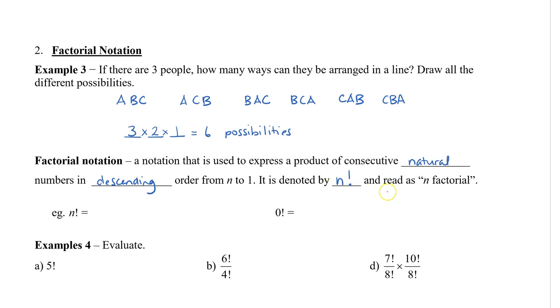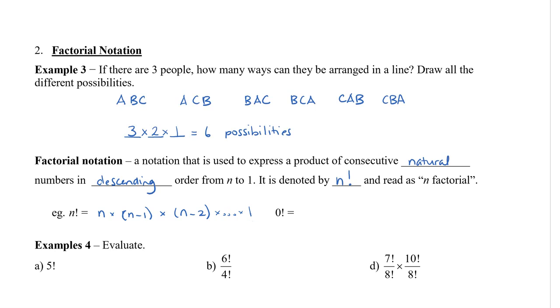So this is read as n factorial, not an excited n, but you can if you want. So n factorial, we start at n, and then we multiply that by n minus 1, and then we multiply that by n minus 2, and on and on and on until we get to 1.